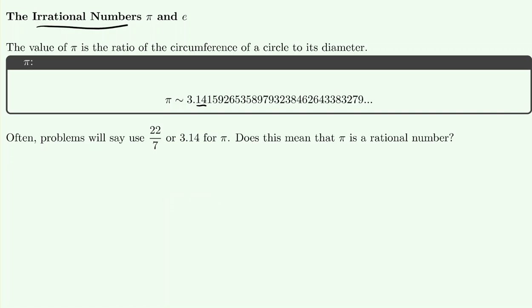Now, one thing to talk about is pi is about 22 divided by 7. These squiggly lines mean about. And whenever we type that into our calculator, we would get that it's about 3.142857143.